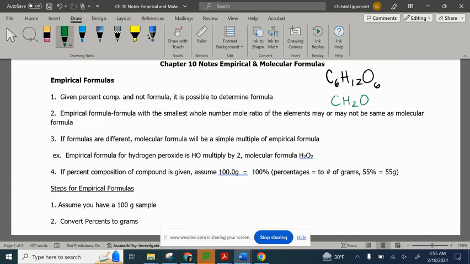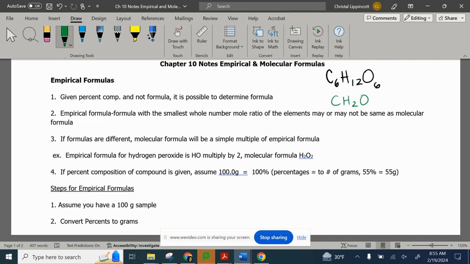And if you're given the percentage composition by mass of a molecular compound, you can actually figure out what this formula is from that. I'm going to show you how to do that today. And with one additional piece of information, you can figure out what this is. So we're going to determine how to do this.